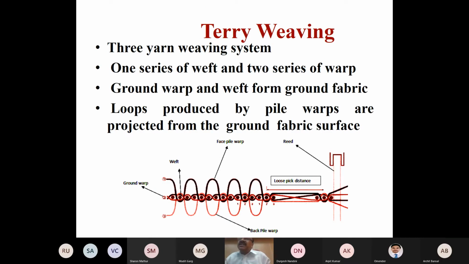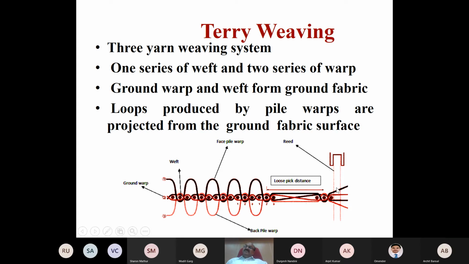So, how this terry weaving takes place? Terry weaving is a 3-yarn weaving system. One series of weft and 2 series of warp.